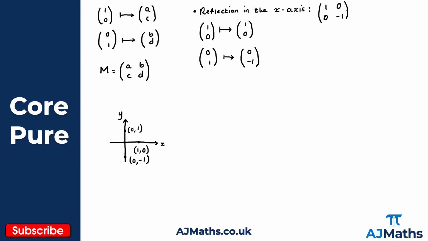Now, just one other important point to make. This point, (1, 0), is what we call an invariant point. Points that do not move under the given transformation are called invariant points, and lines which do not move are called invariant lines. In this case, the x-axis is an invariant line. The equation y equals 0 is the equation of the invariant line.